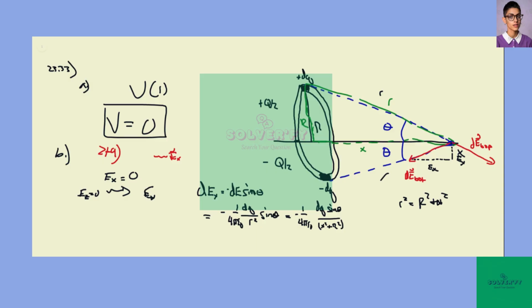Okay, so now that we have that, we can continue and rewrite what dq is and sine theta. We should see that dq is given as Q over 2, because that's the total amount of charge in the top part.